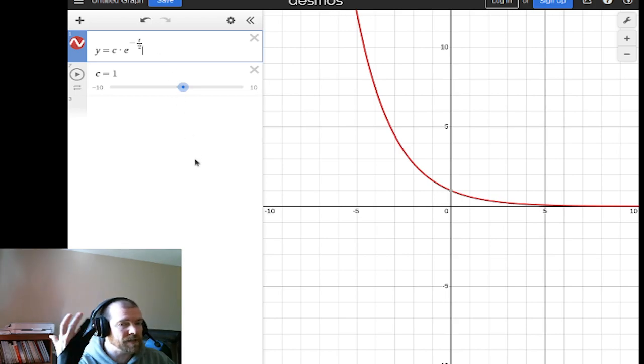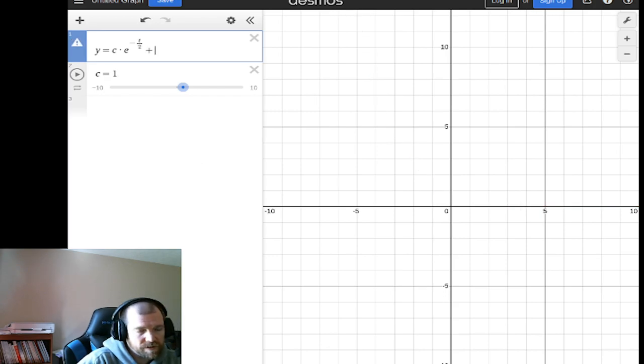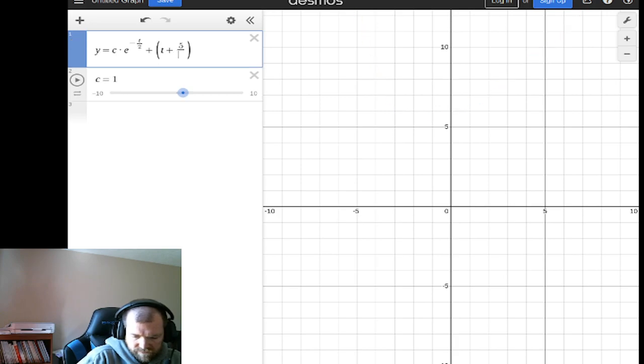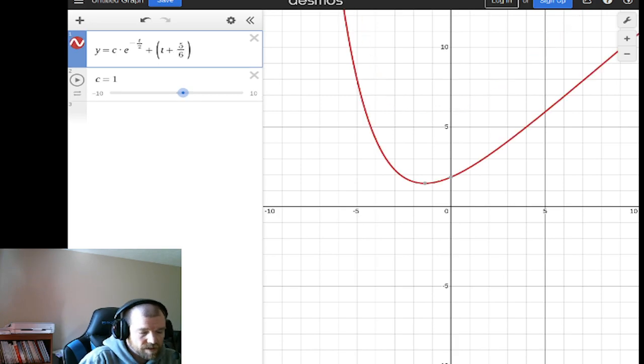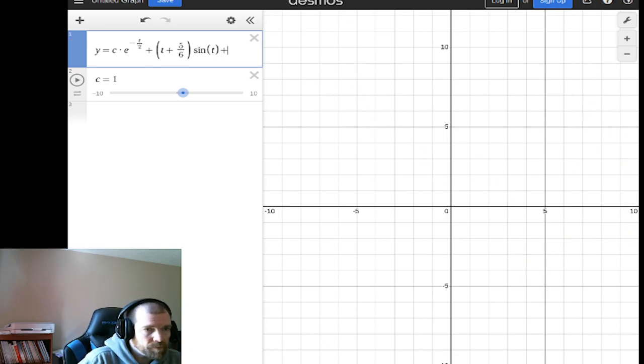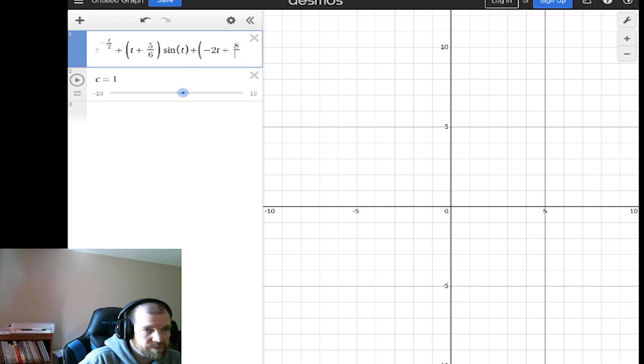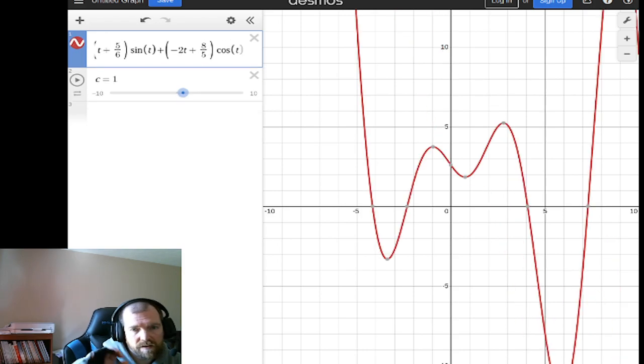Right, this is the exponential form of this equation, plus this was going to be a t plus 6/5 sine of t plus negative 2t plus 8/5 cosine of t.